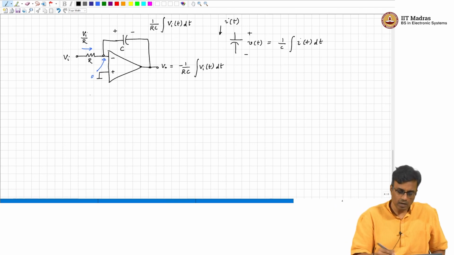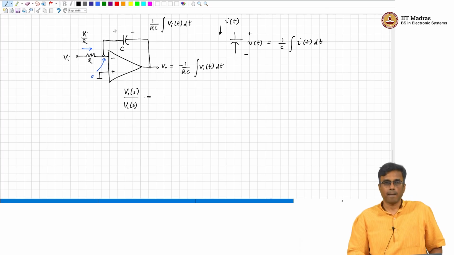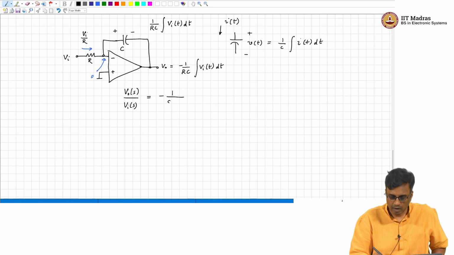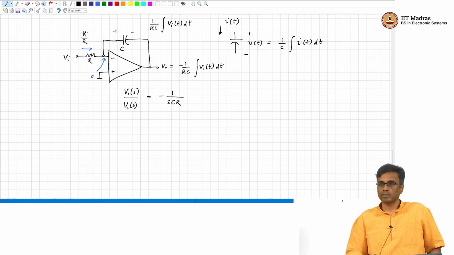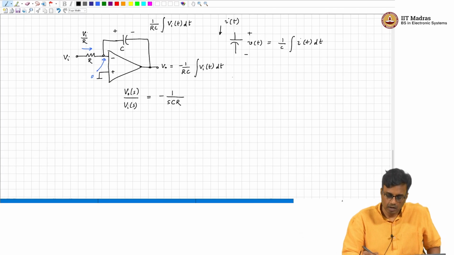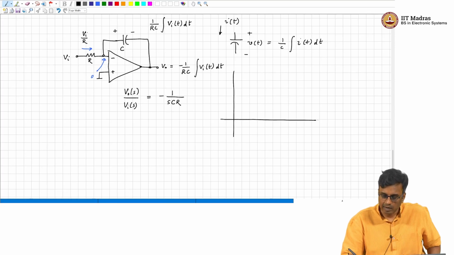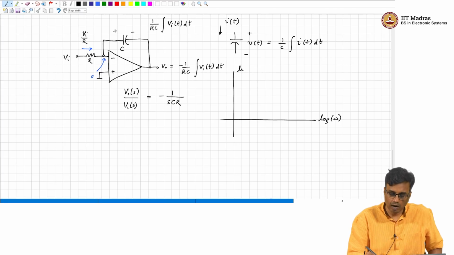In the Laplace domain, Vo of s by Vi of s is nothing but minus 1 over sCR. And if you draw a Bode plot for the integrator, the Bode plot has log omega on one axis and 20 log magnitude of Vo by Vi on the other.